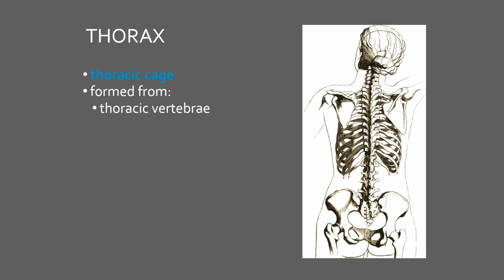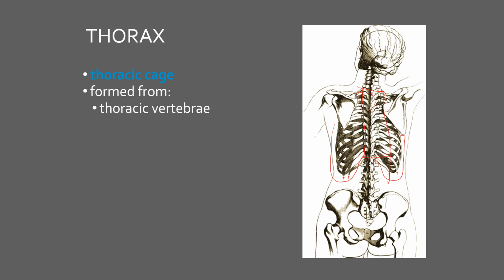So the thoracic cage is formed from the thoracic vertebra, so T1 to T12. And these are only the vertebrae that have an articular facet for a rib. And then each rib that articulates with the vertebra.